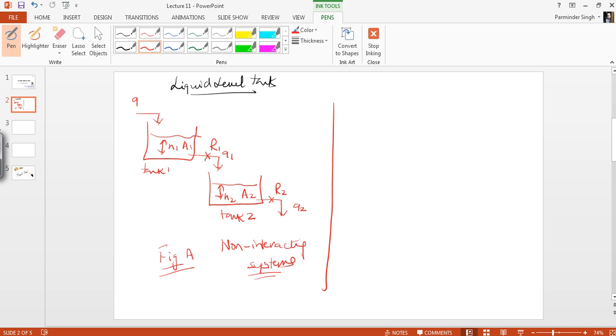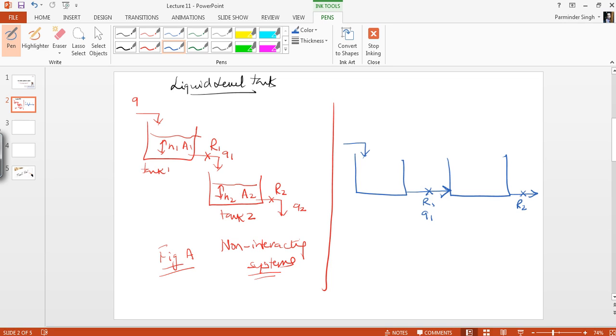And the second type of arrangement is the one where again both the tanks are connected in series, but the arrangement is somewhat different. This is resistance 1, flow rate q1 flowing through this.